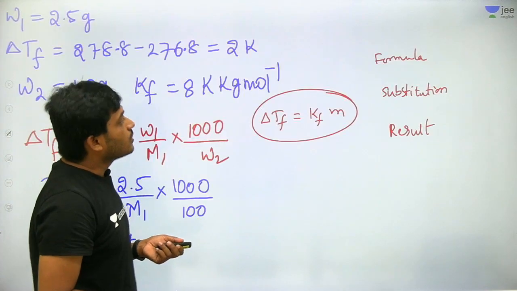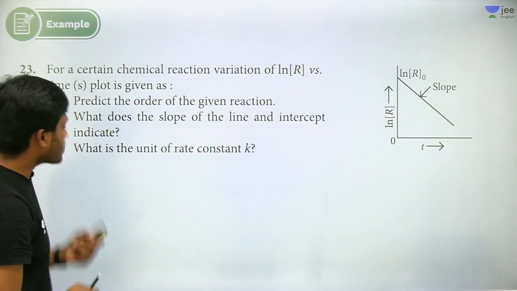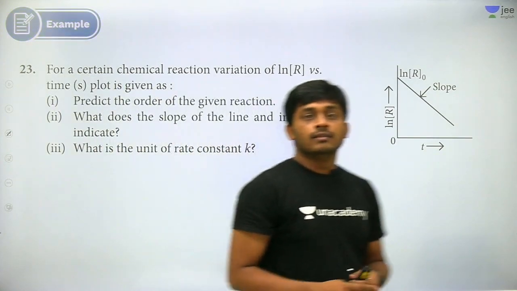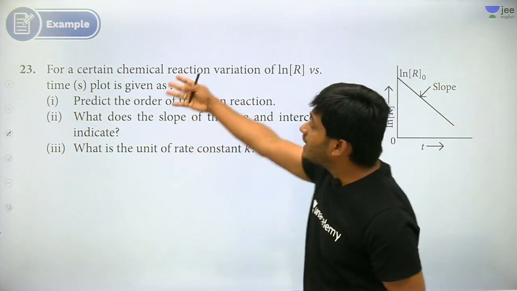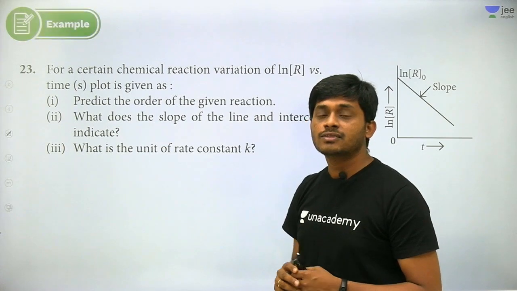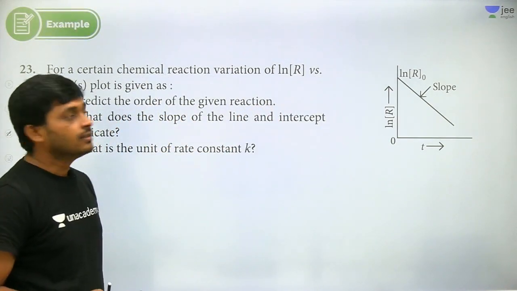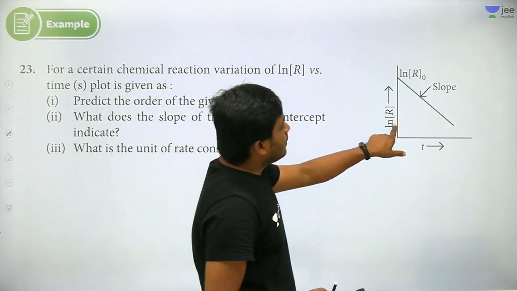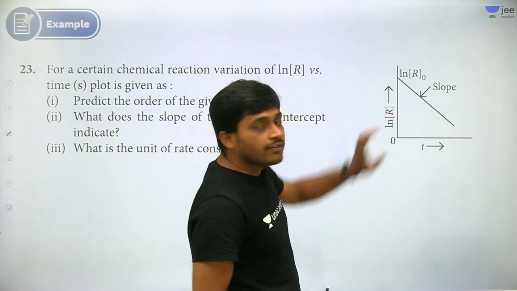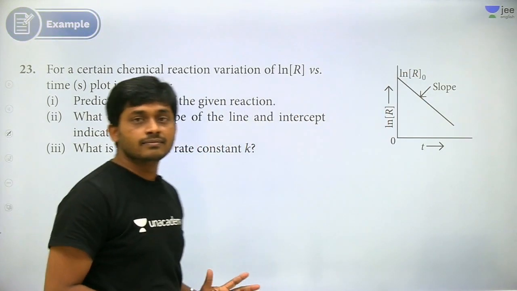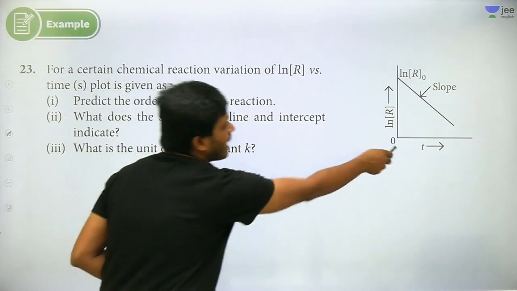Okay, so what we are doing here, see this question now. 2 marks questions we are doing. In 2 marks also they have given 3 parts. So this is from kinetics. Look at the graph: logarithm of concentration of R versus time.